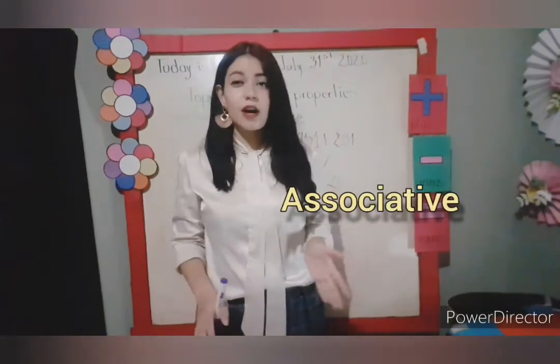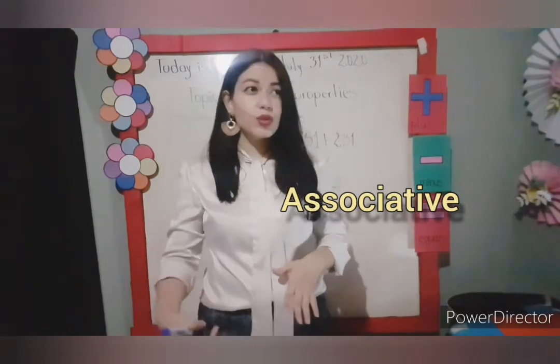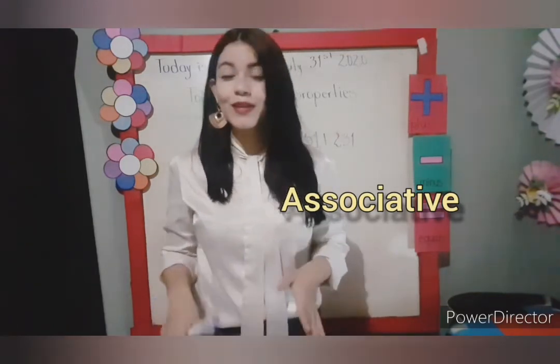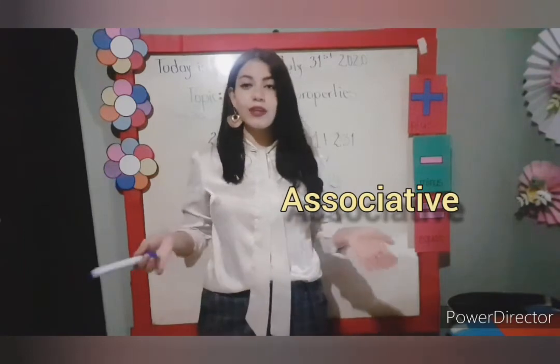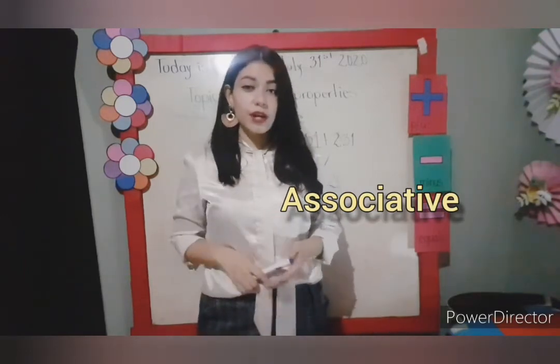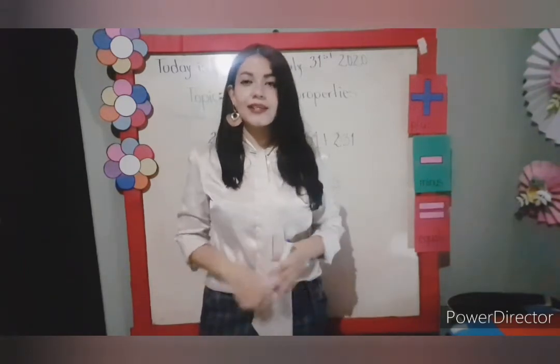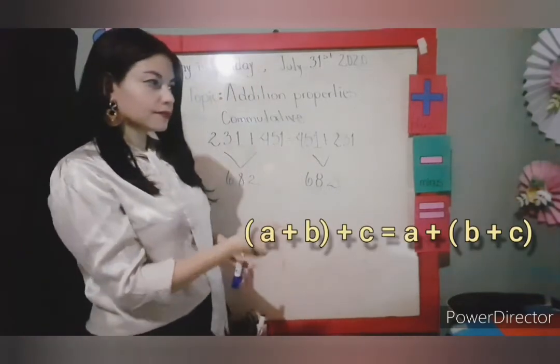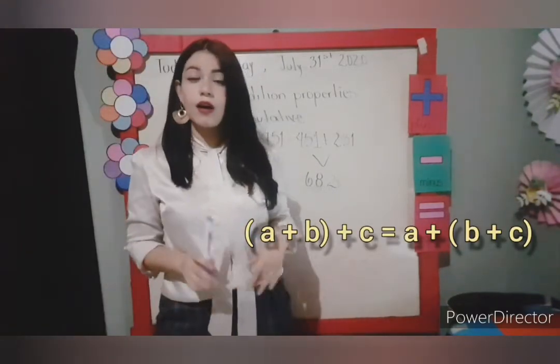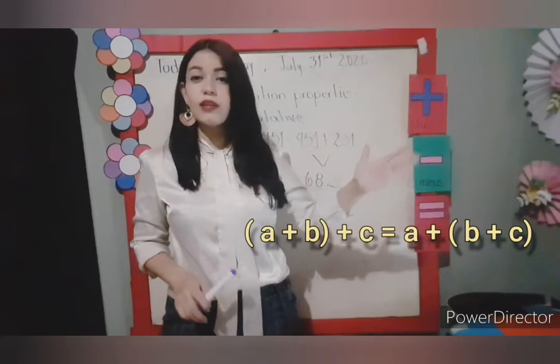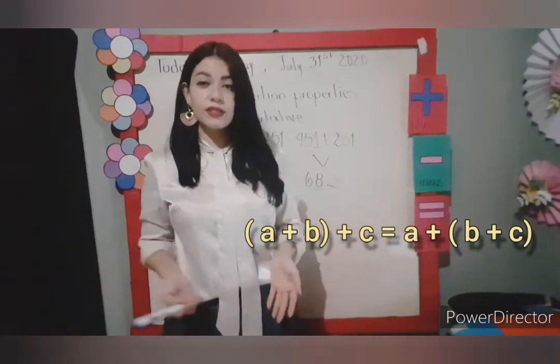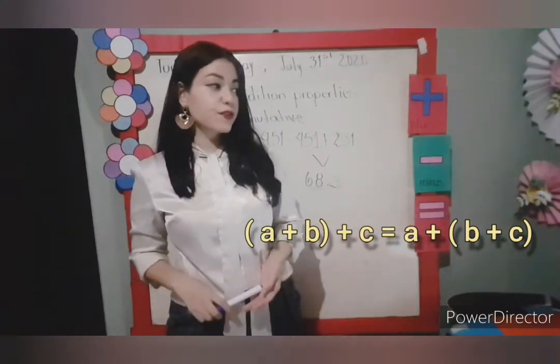According to this, the sum of 2, 3 or more numbers remains the same regardless of how the numbers are grouped. Here's an example. The sum doesn't change irrespective of how the addends are grouped, as you can see here in this formula.